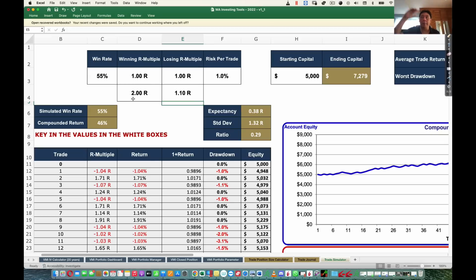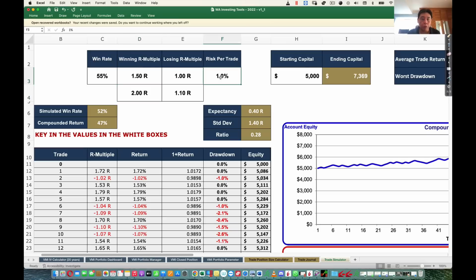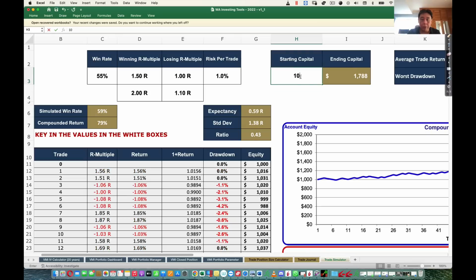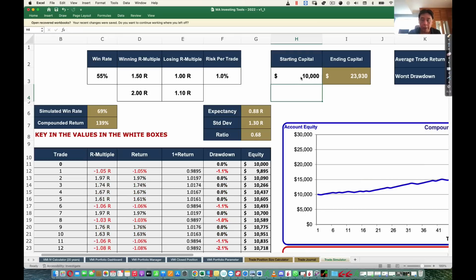No, sometimes you may take profit early because of some bearish exit signals, okay? So let's say your average win is between 1.5 to 2R, and you decide to risk, let's say, 1% per trade. So you can put in all these variables and you can see what to expect over a number of trades, right? Starting capital, up to you. It could be $1,000, could be 10,000, whatever, right? So let's put $10,000 capital, okay?